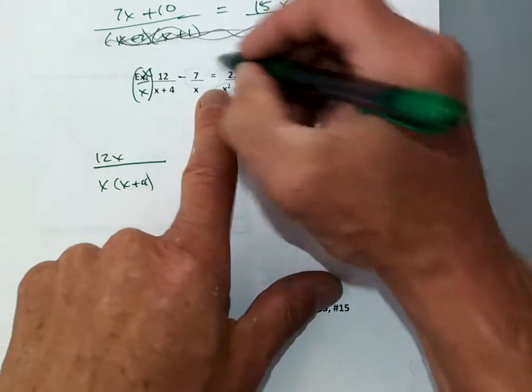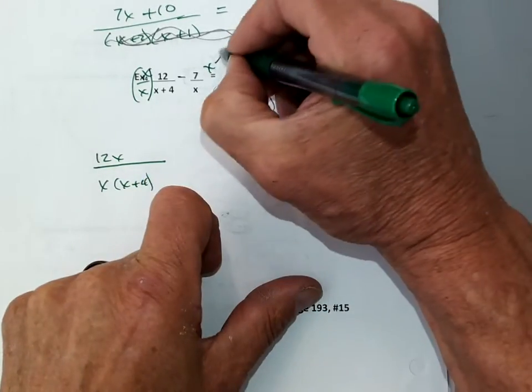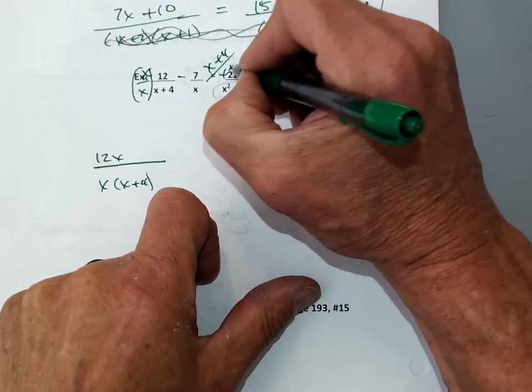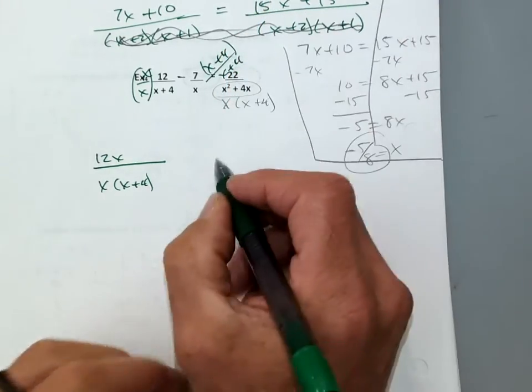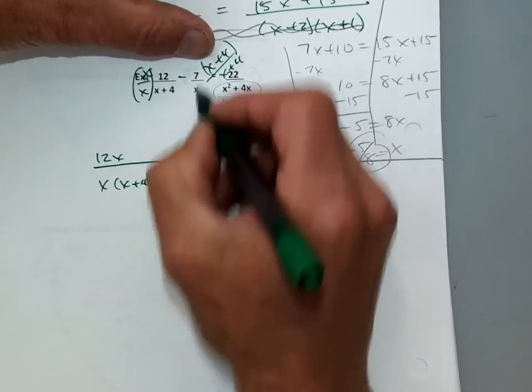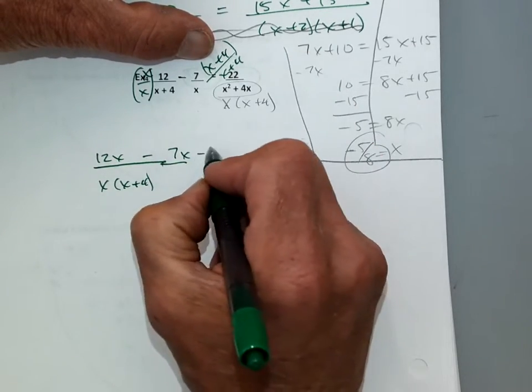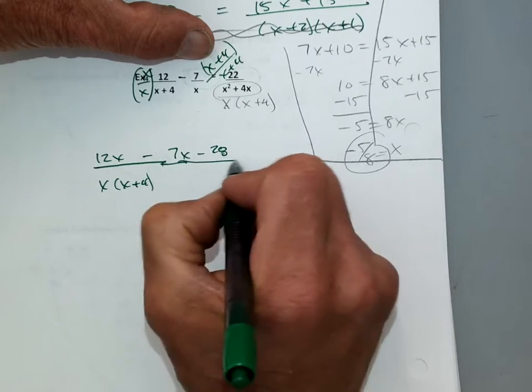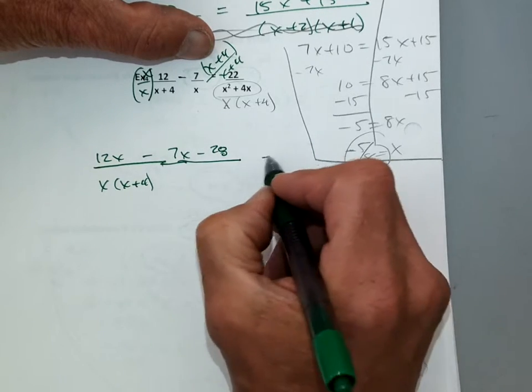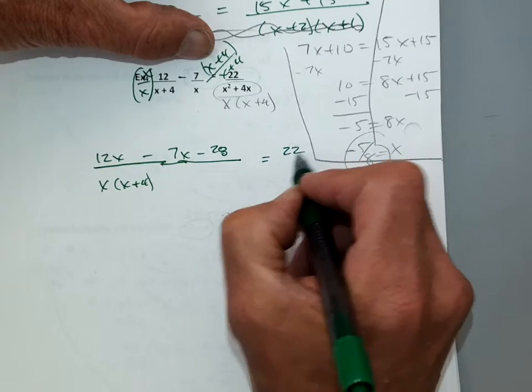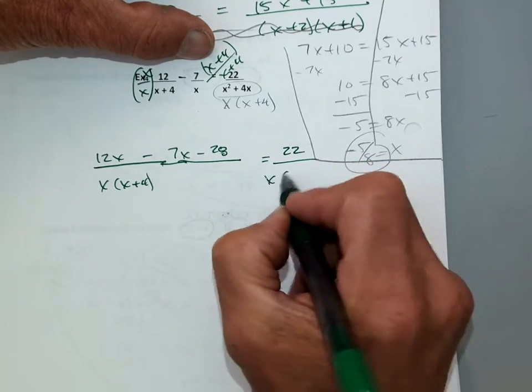My second fraction, I want to multiply by an x plus 4 over an x plus 4. So I'll have a negative 7x minus 28. And that equals 22 over my x times x plus 4.